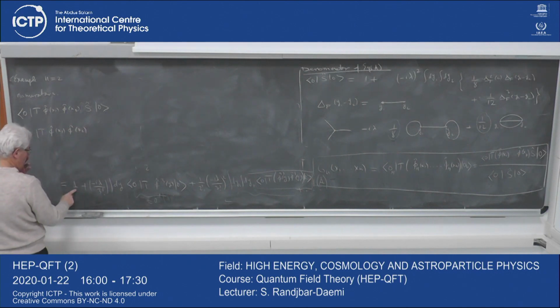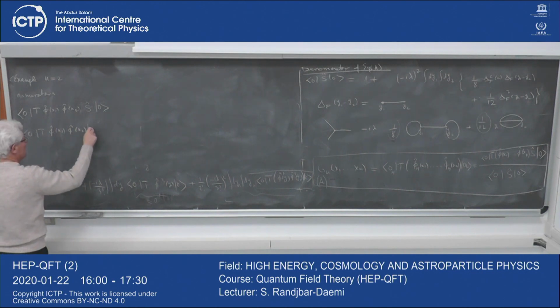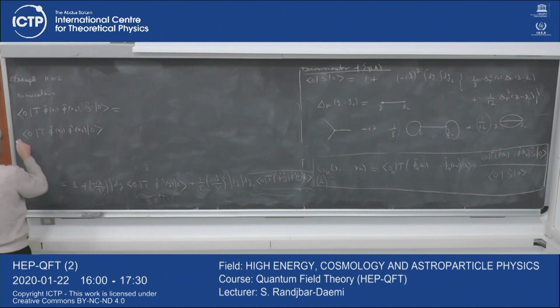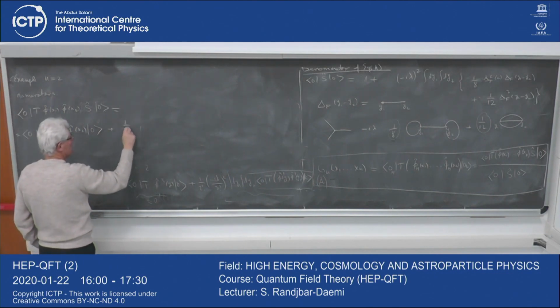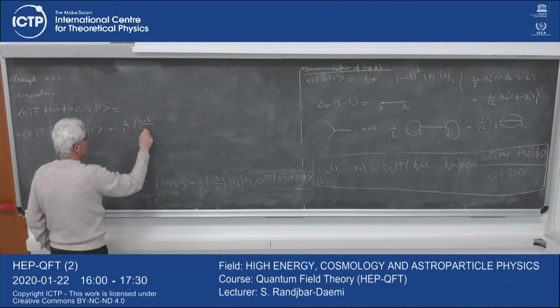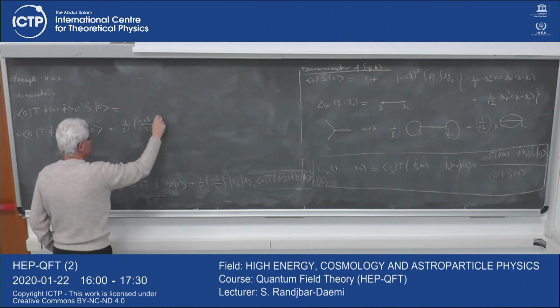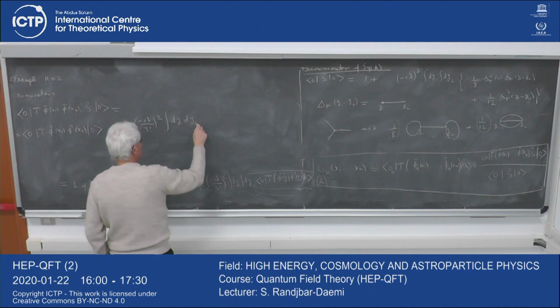Well, there is, of course, the first term when you expand, plus 1 over 2 factorial, minus i lambda over 3 factorial, d by 1, d by 2.